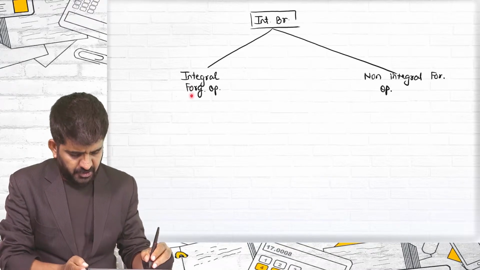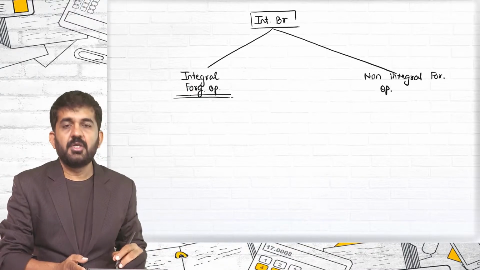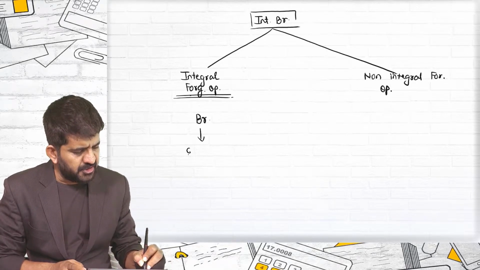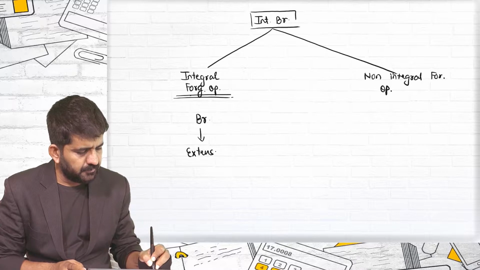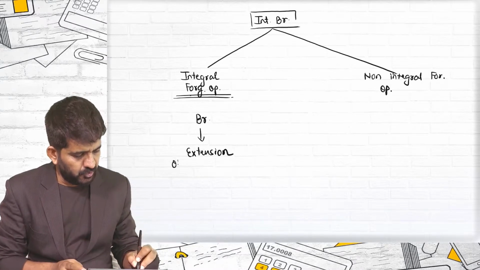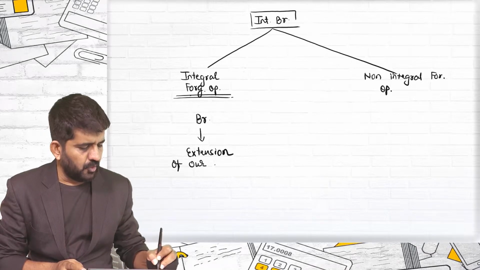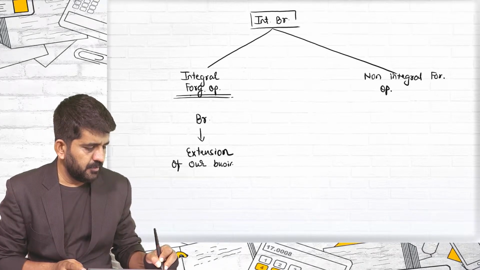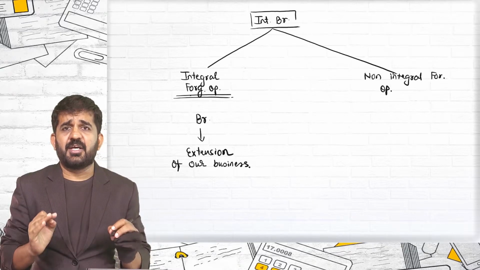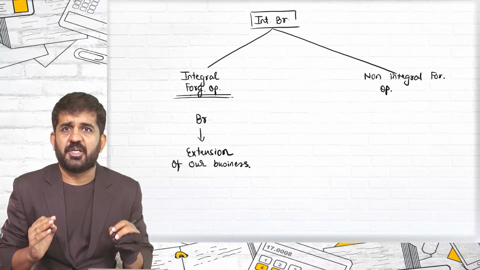Integral foreign operations basically means the branch is just an extension of our business. Let me take a simple example. We have a car manufacturing unit in India.